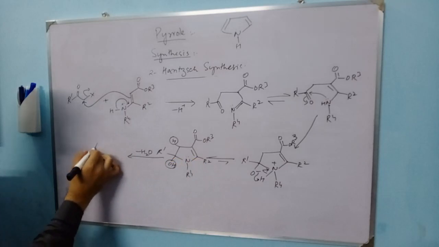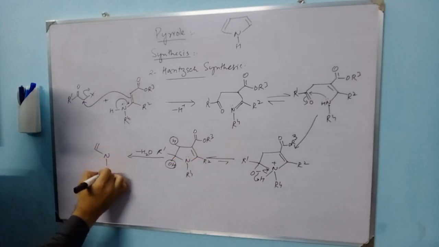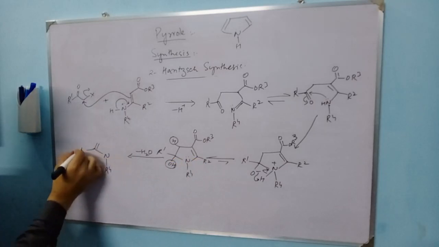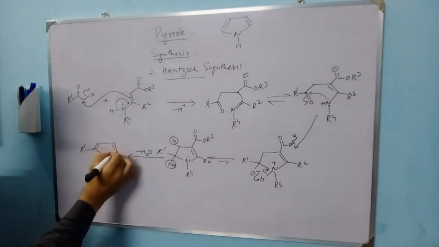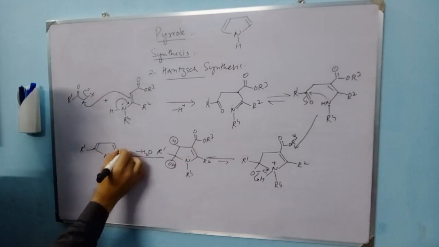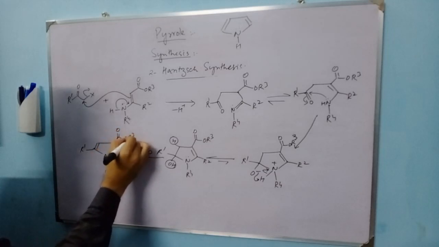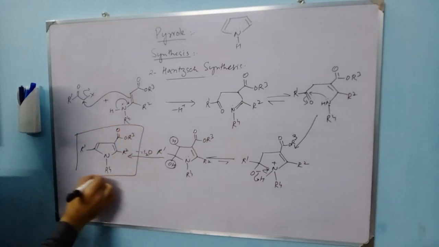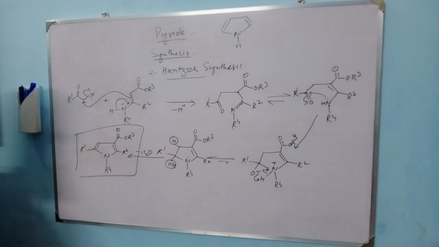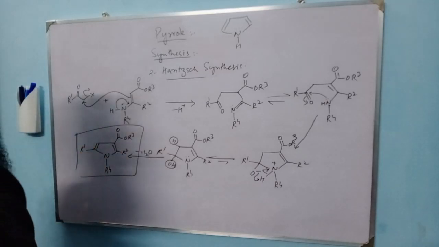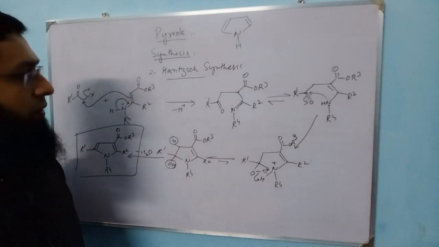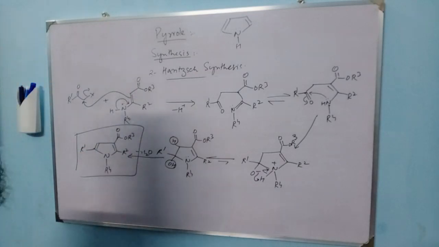So this is the driving force of this reaction, and we will get our desired target molecule, which is 2,3,5 trisubstituted pyrrole derivative. So this can also be repeated once again.